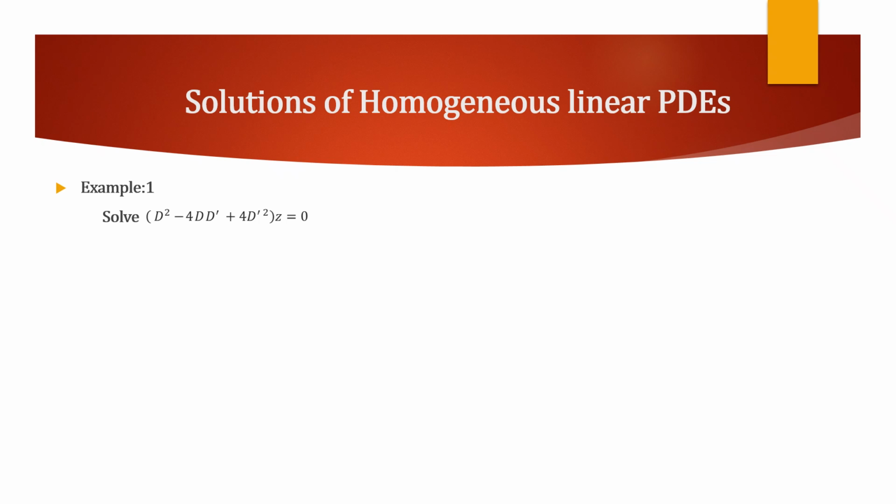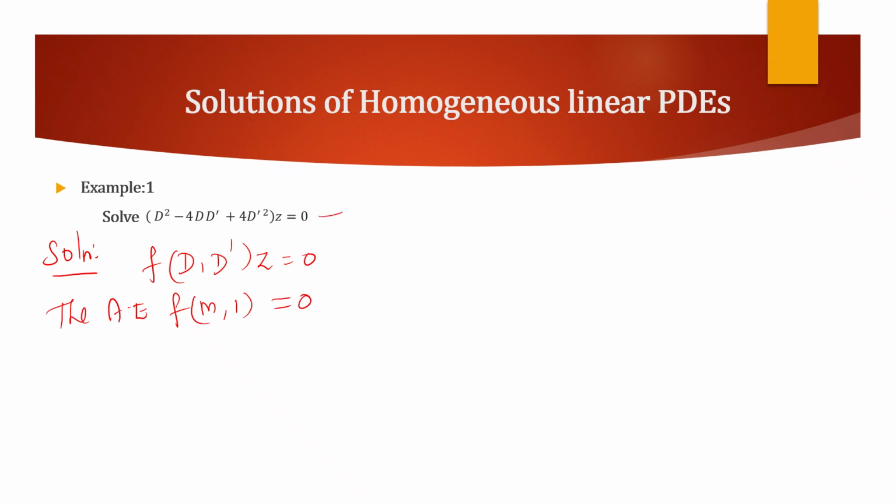So now let us see some examples. This is our first example. Here we have the given equation in the form f of D comma D dash into z is equal to 0. First we have to write the auxiliary equation, which is f of m comma 1 is equal to 0.